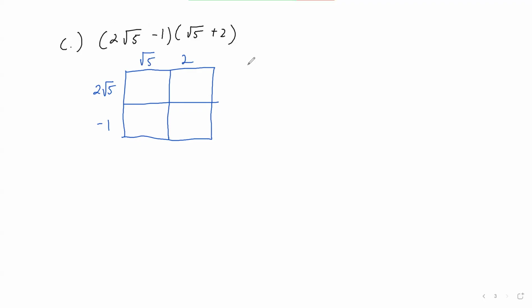And you can do FOIL too if you're comfortable with that one. All right, so to fill each box, we just have to multiply them. So in this situation, the indexes are the same, so I can multiply them.